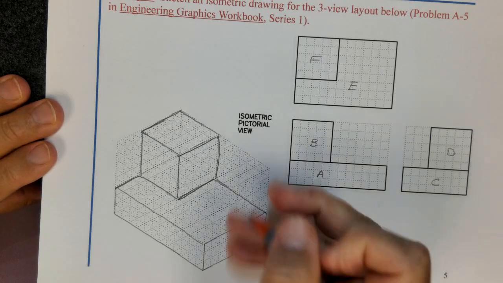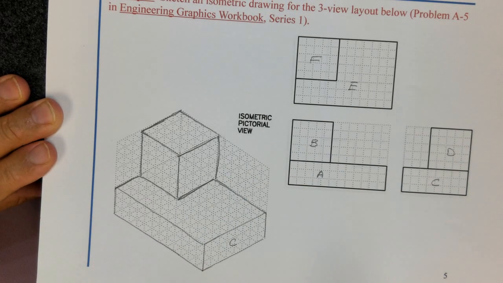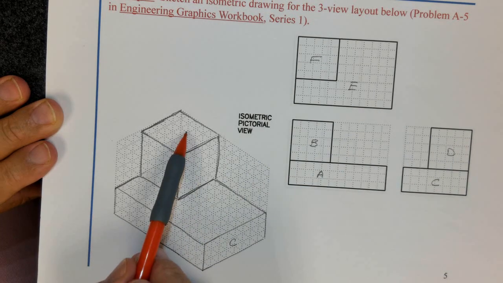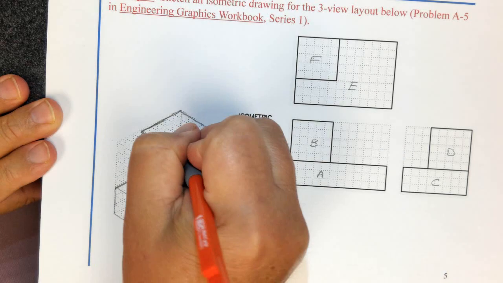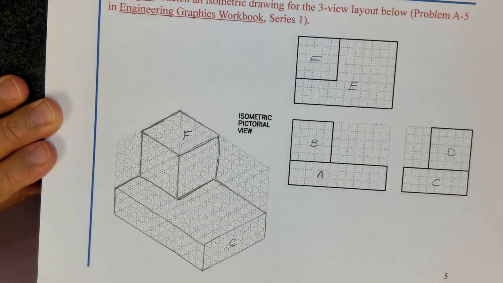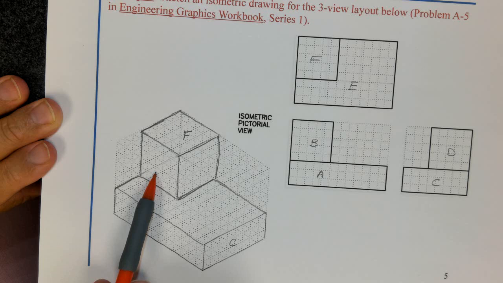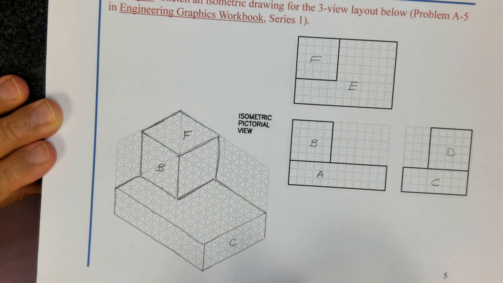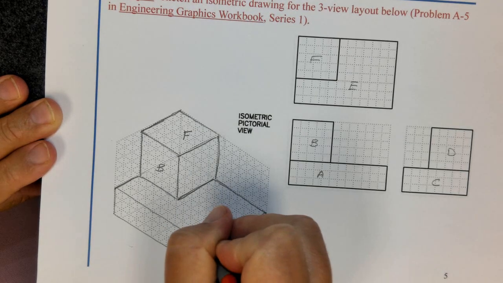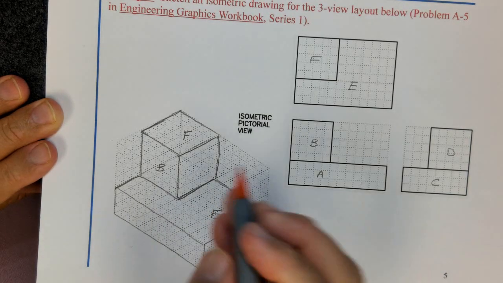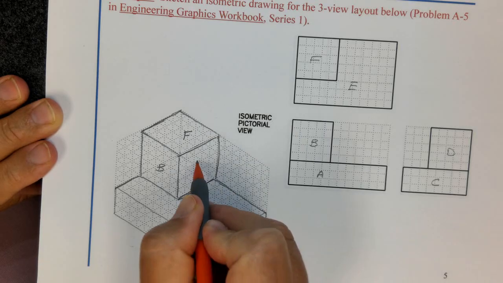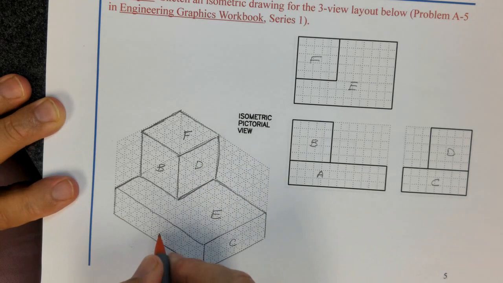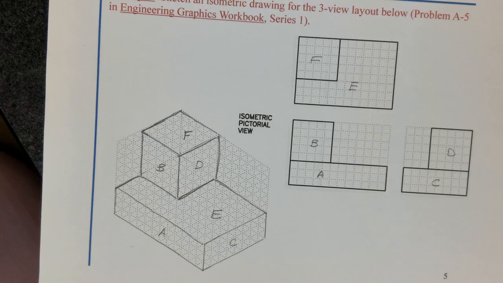C. How about right here? F. What about right here? B. What about here? E. And what about here? D. And then A, right? Did we get them all right? Looks like we did.